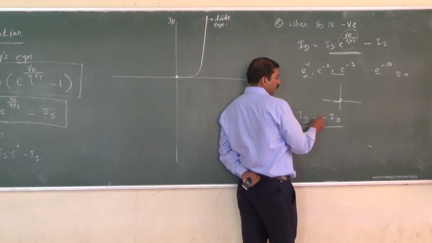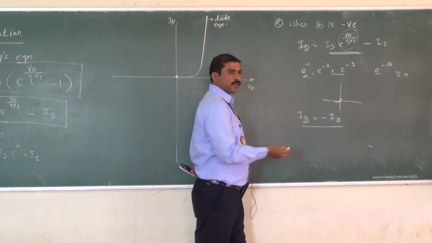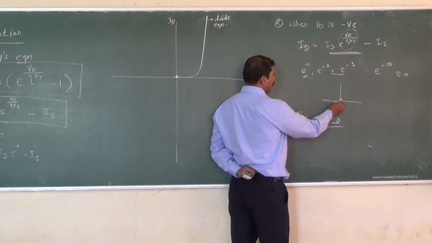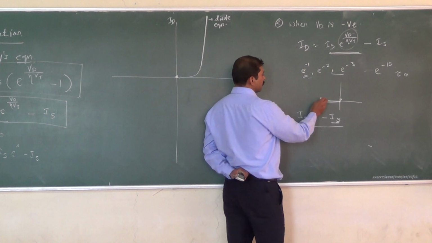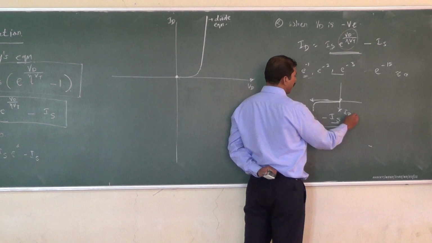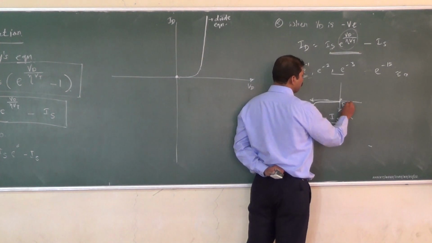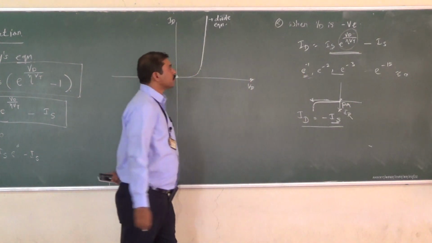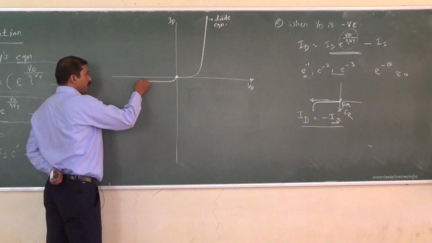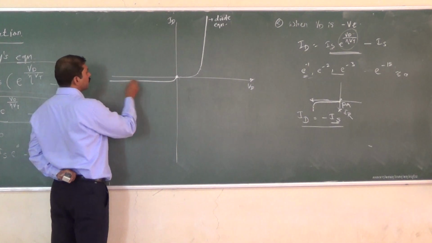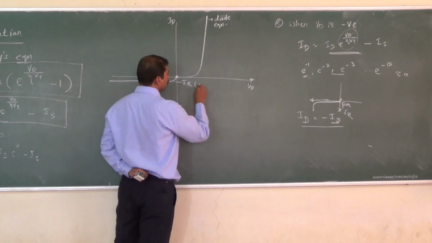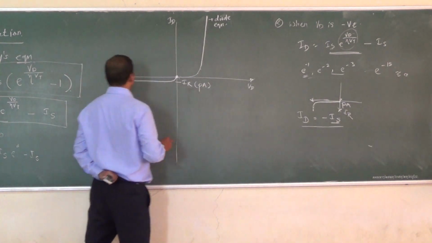That is, in the diode the reverse current flows, which is the reverse saturation current, and we have seen in the characteristics that this reverse saturation current was IR or Is, and it was in picoampere or nanoampere. If we want to plot it over here, we get a reverse saturation current like this, that is IR, in picoampere or nanoampere.